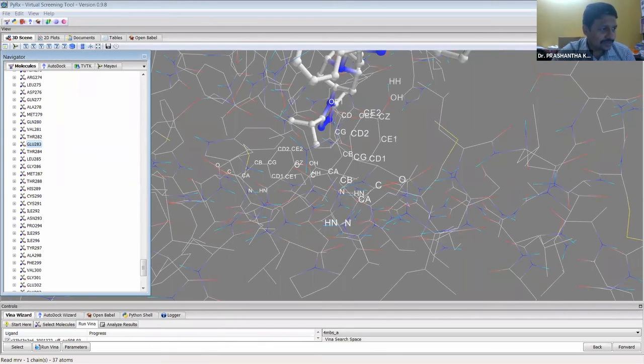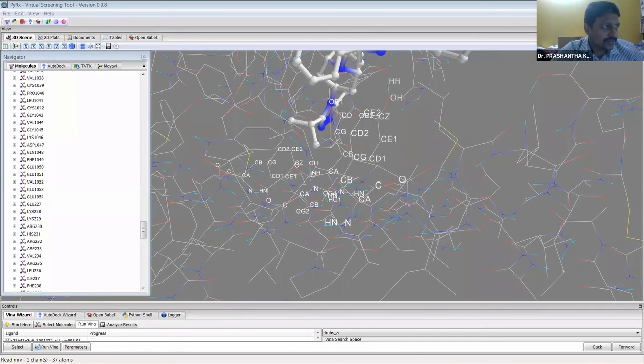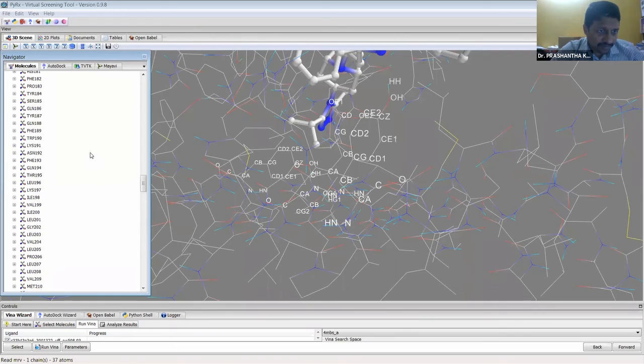Others? 284, and then any residues we can take, 194. But the challenge is that only one amino acid can be selected at a time.